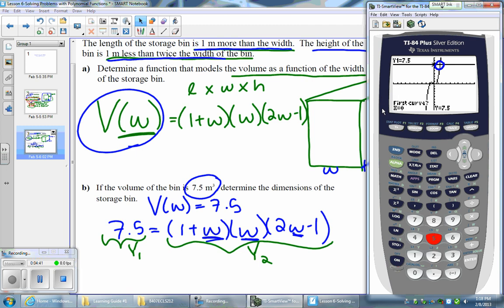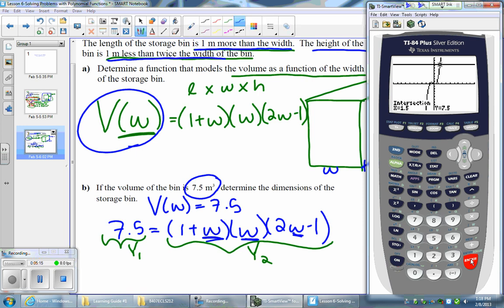Where you see your cursor, put it to the left of the point of intersection on the first curve and press enter. Then it's going to ask you for a point on the second curve, so get close and to the left of that point of intersection and press enter. It's asking you for a guess, so press enter again, and it's going to give you a point of intersection at 1.5 and 7.5.